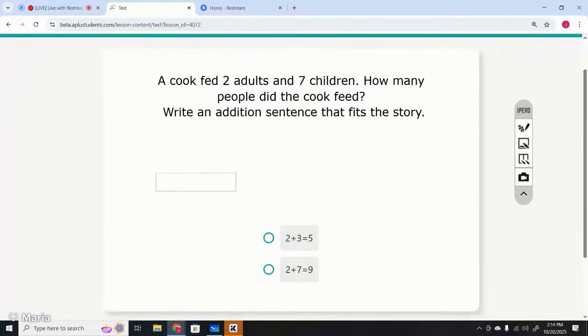A cook fed two adults and seven children. How many people did they feed? They fed 9. 7 plus 2 equals 9.